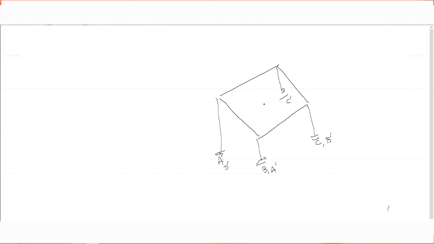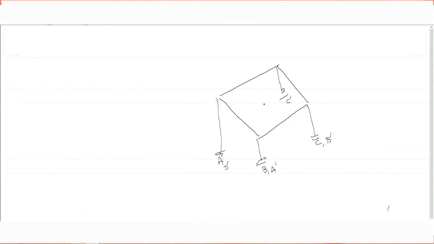In the initial position, A, B, C were on the ground and D was above the ground, and at the end of our continuous motion of rotation, D occupies the position D dashed. Is it clear up to this? Yes. Do you follow this continuous motion of rotation?